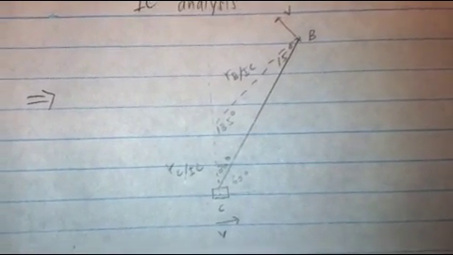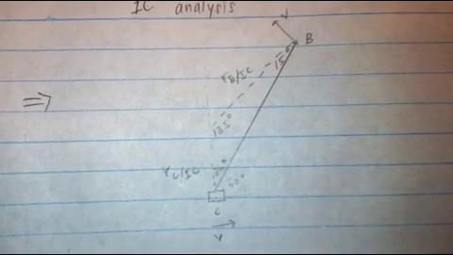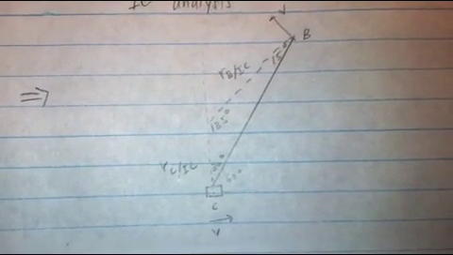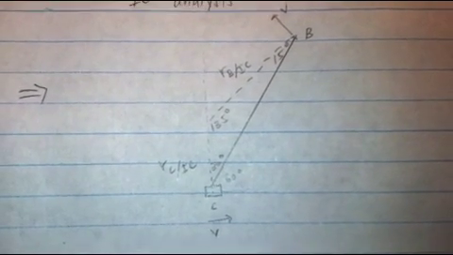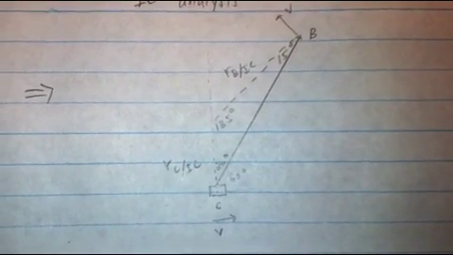So by using some trig, we find out our angles, and we name RBIC and RCIC.